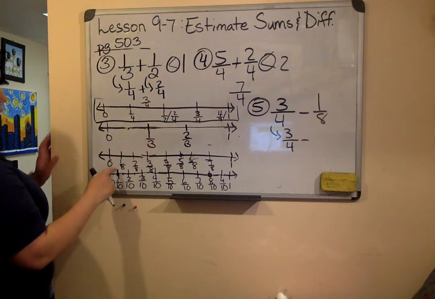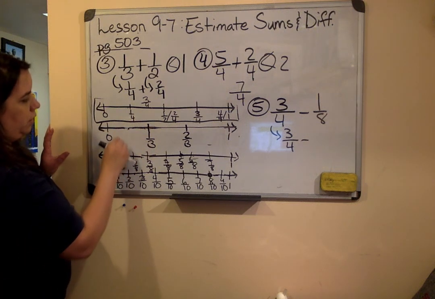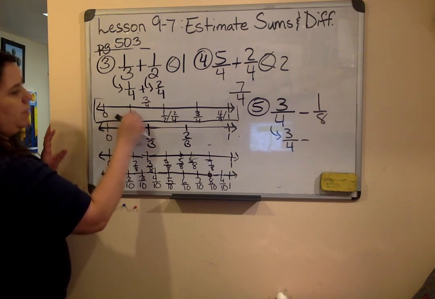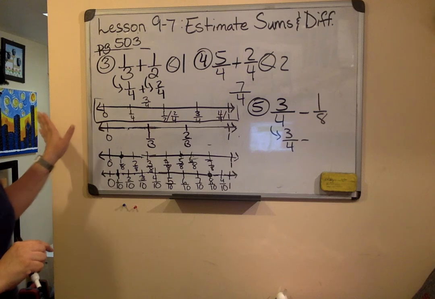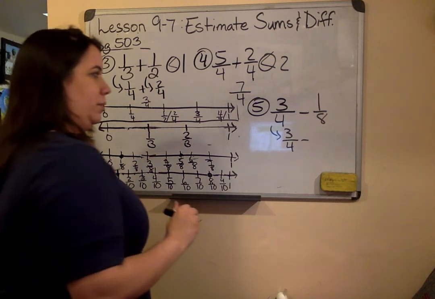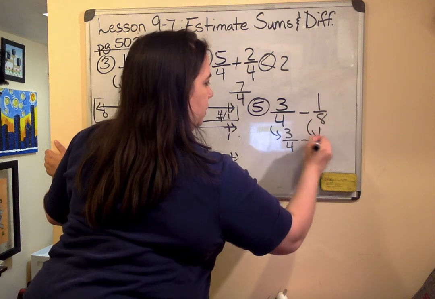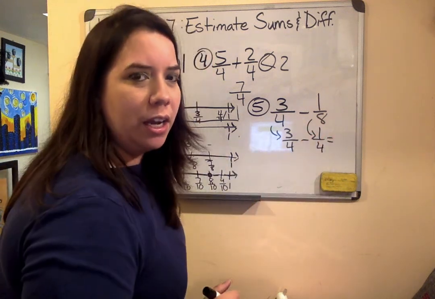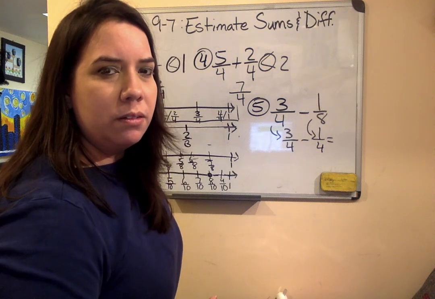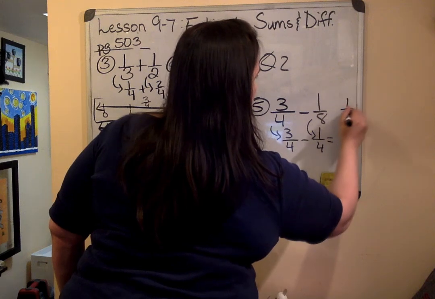But 1/8, let's see where you are. 1/8 is about 1/4. Es como un cuarto. Not exactly close to 0 either. No exactamente cerca a 0. So we're going to make it 1/4. And we're trying to compare it with 1/2. So we're comparing it to 1/2.